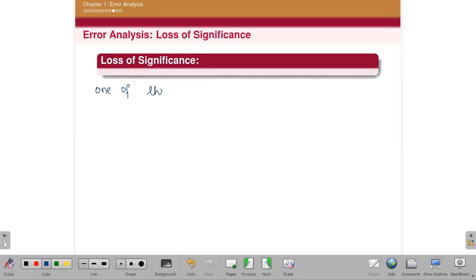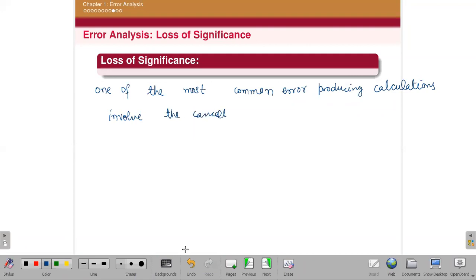One of the most common errors in analysis is in producing calculations which involve the cancellation of significant digits due to subtraction of two nearly equal numbers.